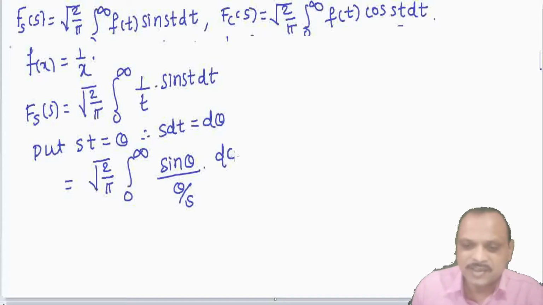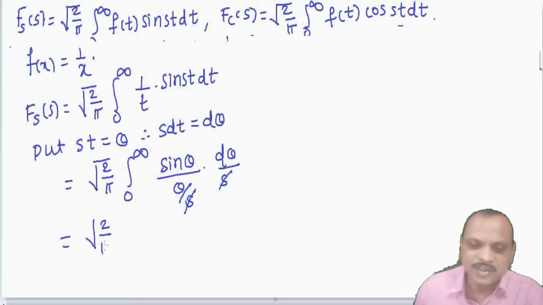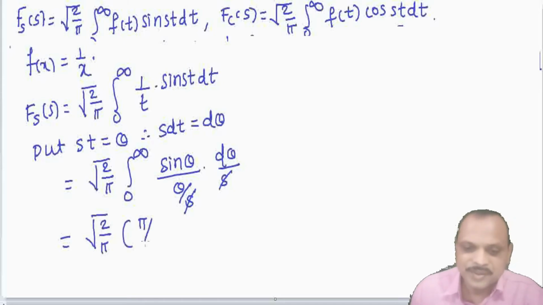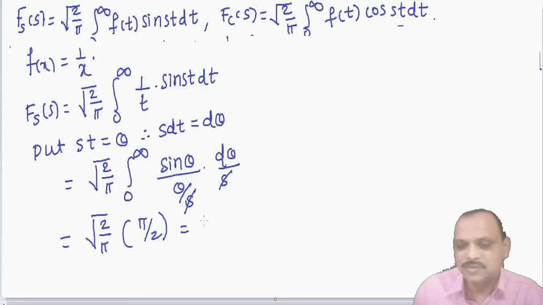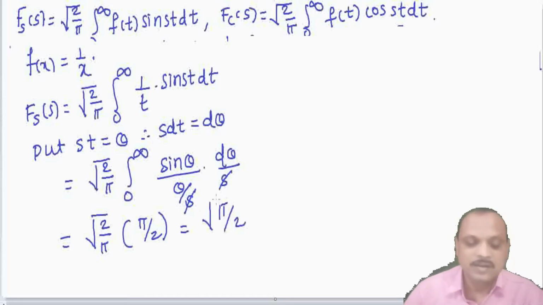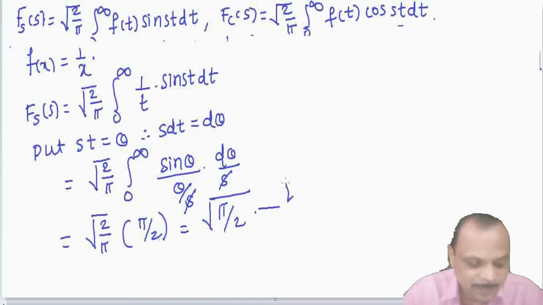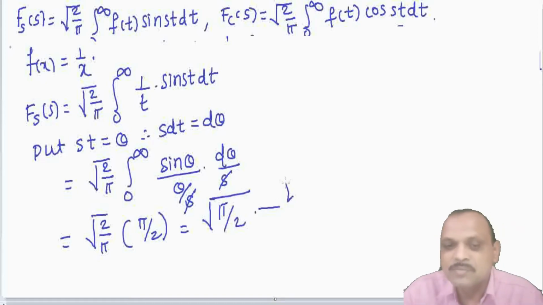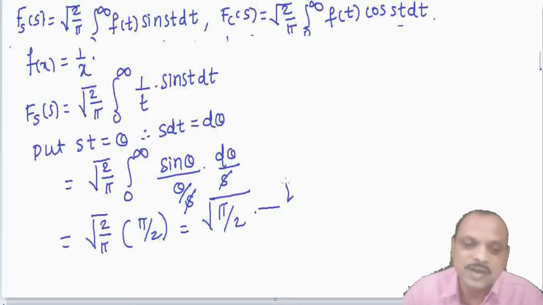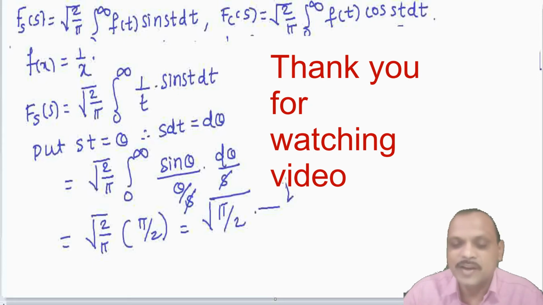You can see theta gets cancelled, leaving sin theta divided by theta into d theta. This is a standard integral whose value is pi divided by 2. So very easily we get the answer for this simple function f of x equal to 1 divided by x, and that will be under root of pi divided by 2.